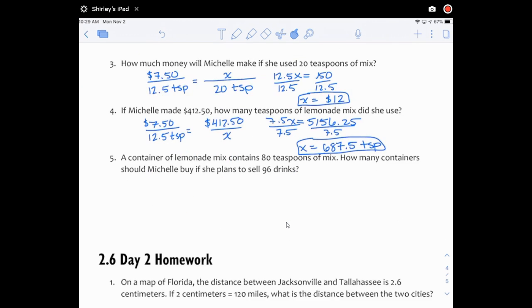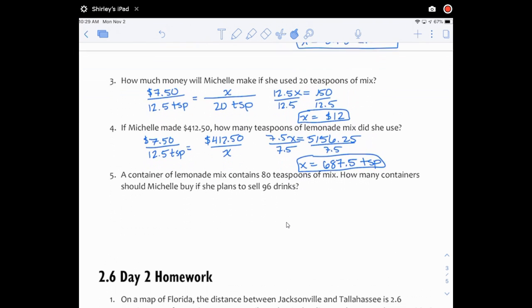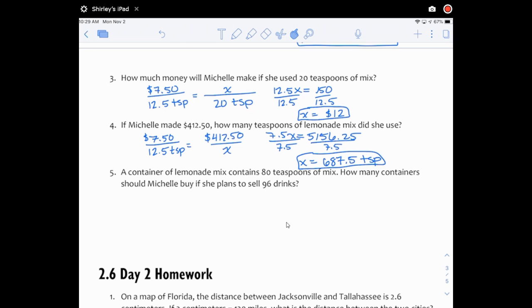And our last one, more of a challenge problem, says a container of lemonade mix contains 80 teaspoons of mix. How many containers should Michelle buy if she plans to sell 96 drinks? So we're given now a new piece of information here. I'm given that one container uses 80 teaspoons.